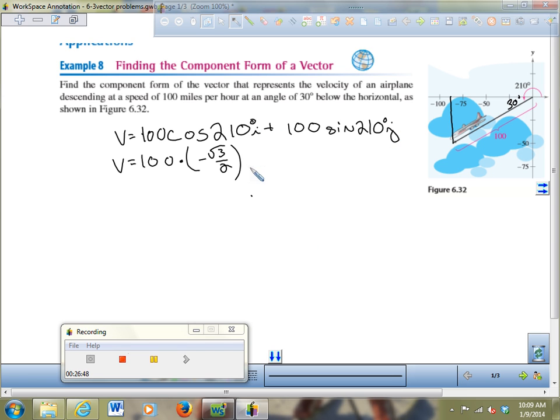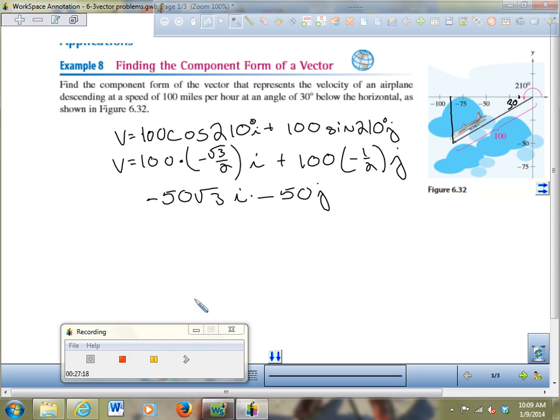So in the i direction, plus 100, is sine negative or positive down here? Negative. Okay, and sine of 210 is negative 1/2, in the j direction. And then I just simplify that to negative 50 root 3 in the i direction minus 50 in the j direction.